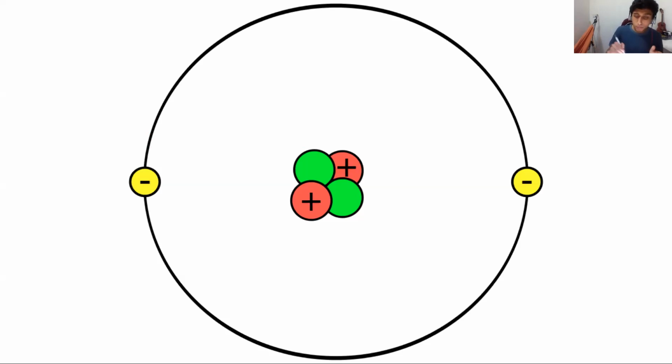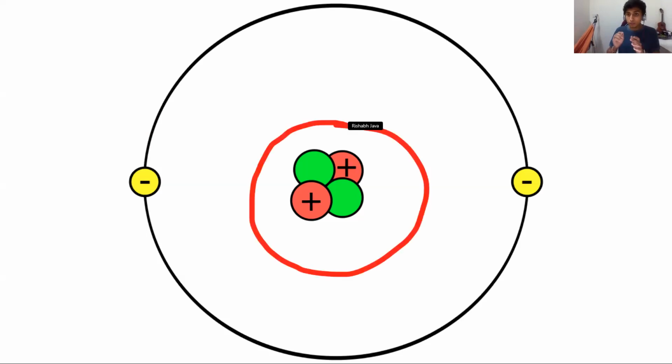Okay, so basically the center of an atom, the nucleus, has an equal number of neutrons and protons. They're called nucleons, but ignore that. So what do you think? We all know protons have a positive charge. What about neutrons? What charge do they have? Tell me, guys.